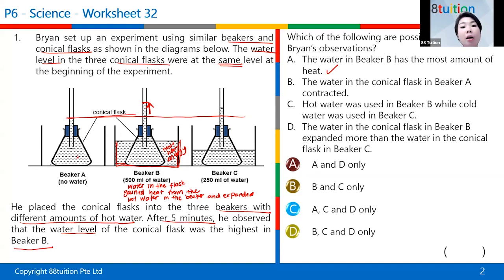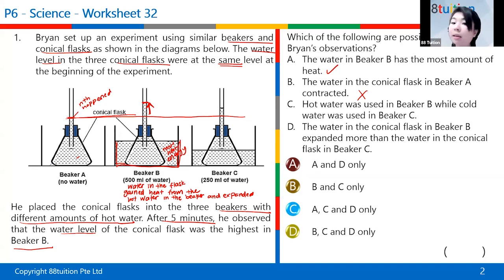Amelia's statement B, correct or not correct? Not correct. There is no cold water in the beaker, so it doesn't make sense that the water contracted. So in fact, for the water in the straw in flask A, nothing happened. Okay, this is the original level of water.